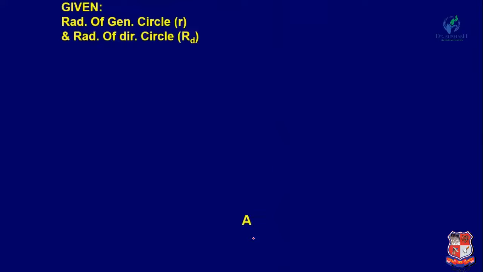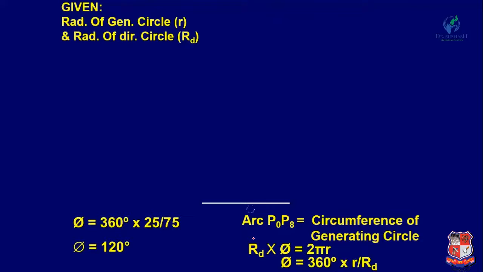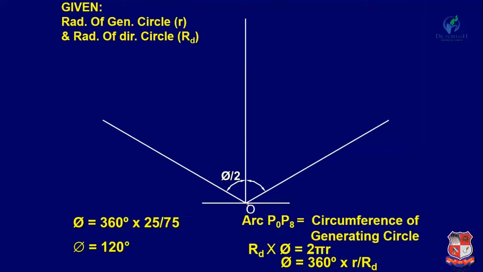So these are the different steps to draw the epicycloid. Now as per these four steps, first of all, we have already found the angle is equal to 120 degrees. So point O, now from point O, draw a vertical line and on both sides of this line, draw two other lines at an angle of 60 degrees. Now with O as a center and radius equal to 75 mm, draw the directing circle.